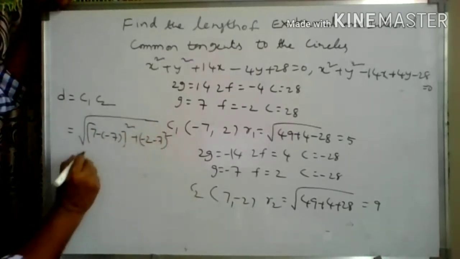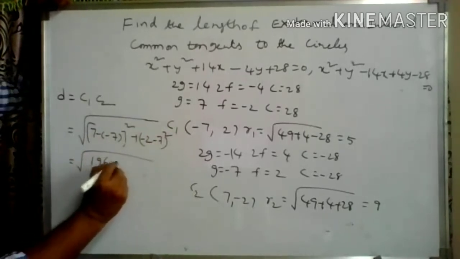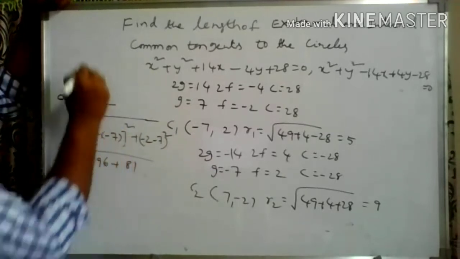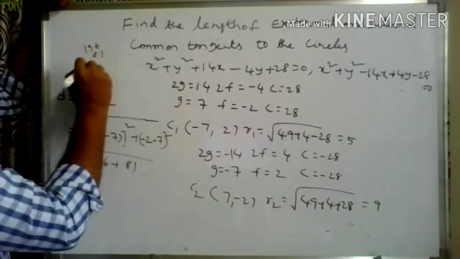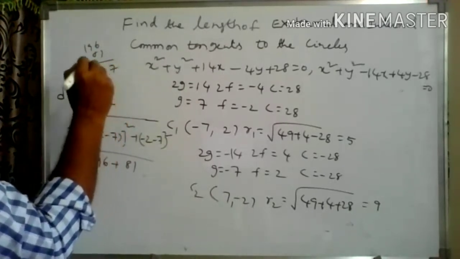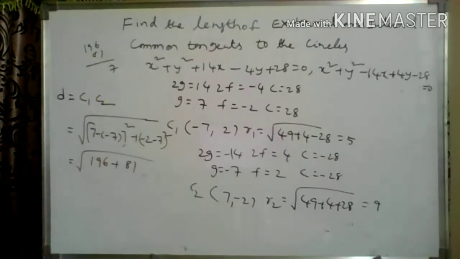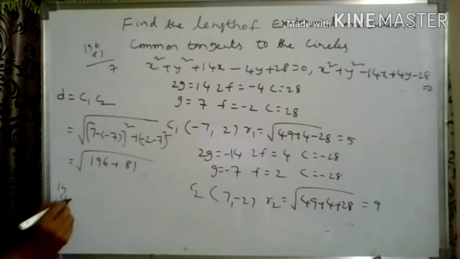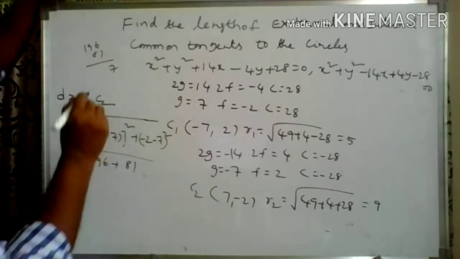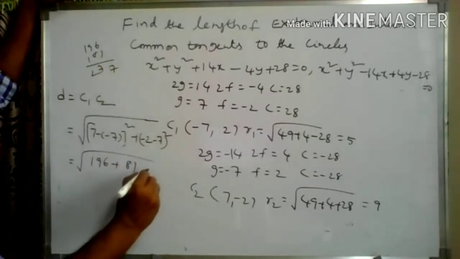This is 7 plus 7, 14, 14 square 196, plus minus 2 minus 7, 9, 9 square is equal to 81. So 196 plus 81 is 277.